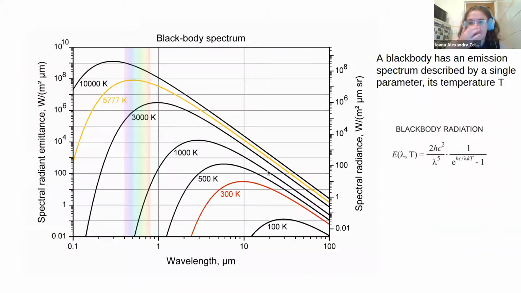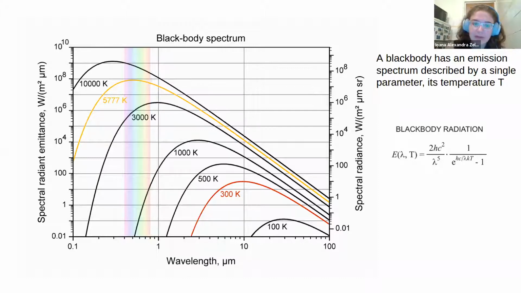A black body spectrum is described by what we call a Planck function, shown here on the right. An interesting thing about this function is that it's a function of a single parameter, the temperature, even though it looks a bit complicated. On the left, you can see the effect of turning this temperature up or down.